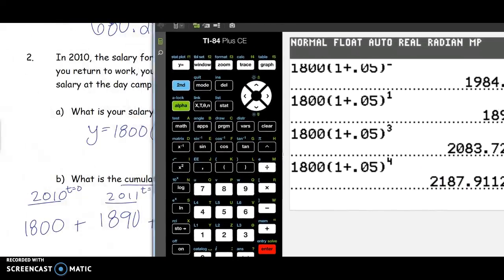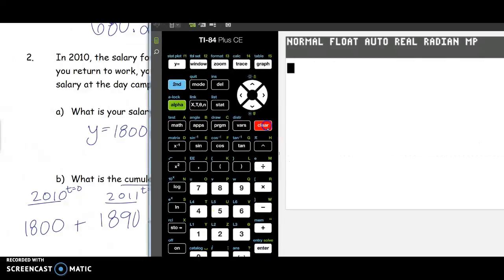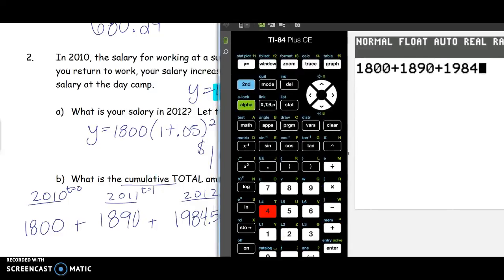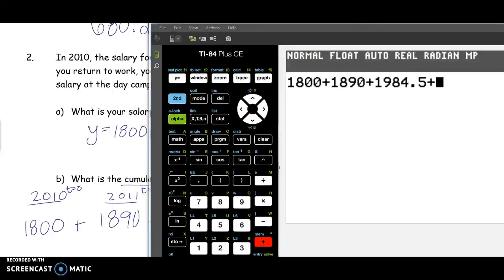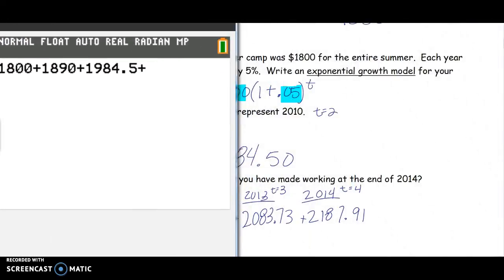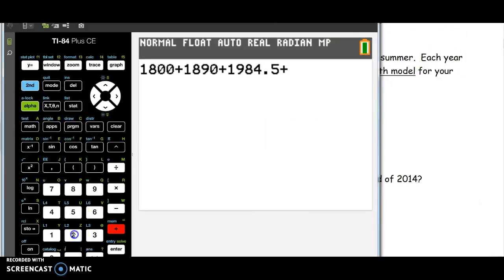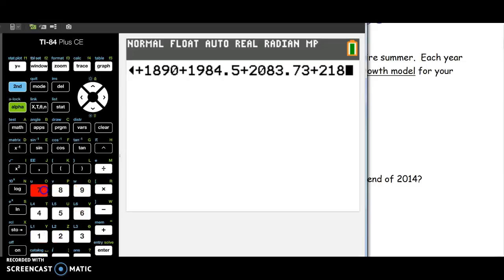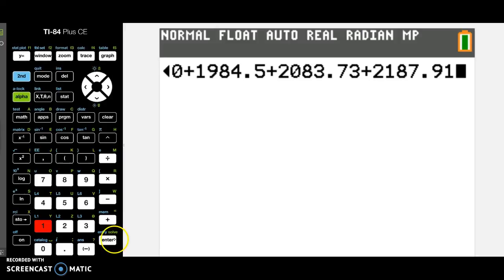So we start with, if I clear my screen, 1800 plus 1890 plus 1984.5 plus 2083.73, and lastly we made 2187.91 in 2014.